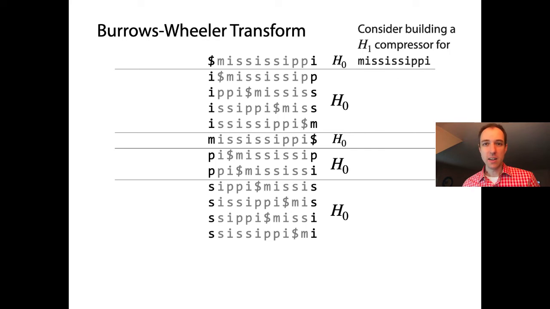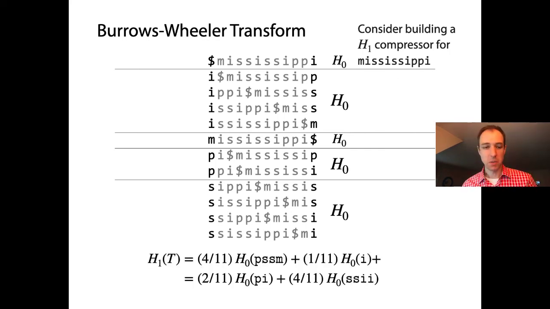And I would get a resulting high order encoder, and by applying our formula, I would get that weighted average of the H sub 0 code lengths.